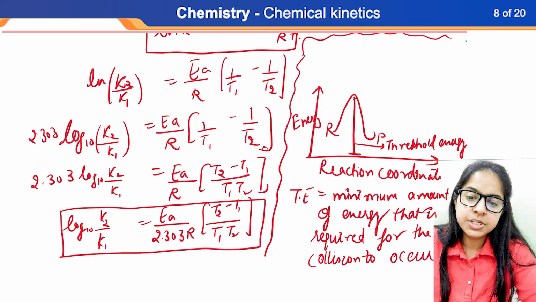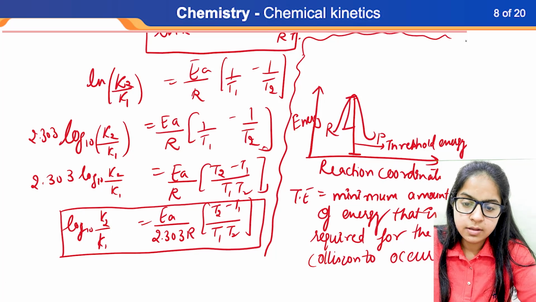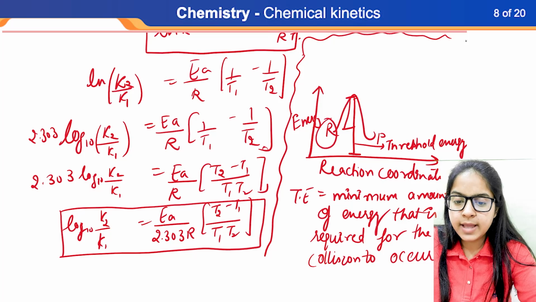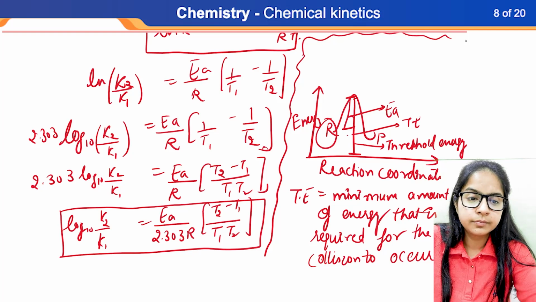Or the activation energy is this one. This is the minimum energy that is required by the reactant to cross this energy barrier to get into the product. This is the activation energy. This is the threshold energy.